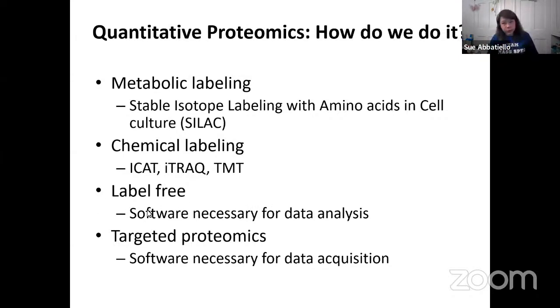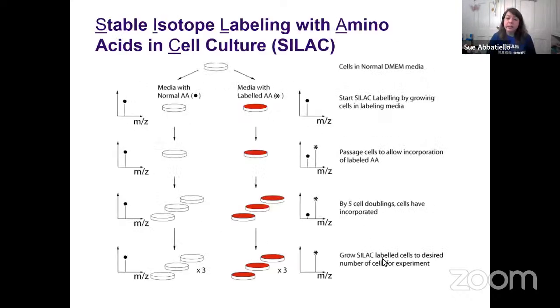Label free is when we do not use labels and we have to analyze our samples one at a time, where the expense is often in the amount of time it takes to generate the data due to the need for additional replicates. Or targeted proteomics, designing methods specifically to look at just a smaller number of things rather than many thousands. So going into each of these individually to give you a background on what they entail.